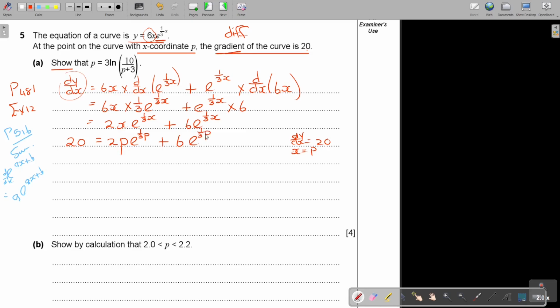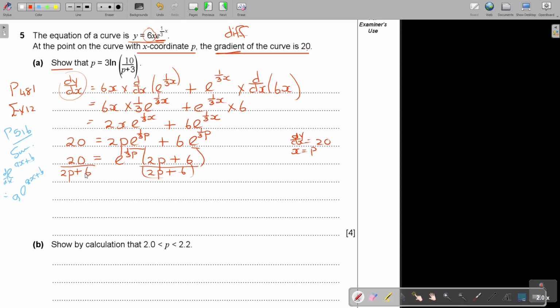Okay, now I'm just going to see if I can simplify. So let's take this out as a common factor. So I have 20, and then I have e to the power of 1/3 p, and then it's 2p plus 6. Okay, what can I do now? I can divide by 2p plus 6 on both sides.